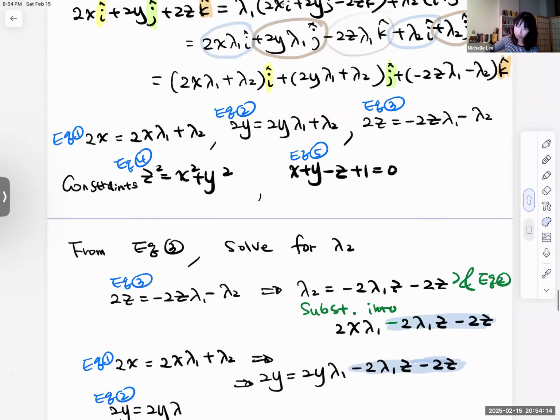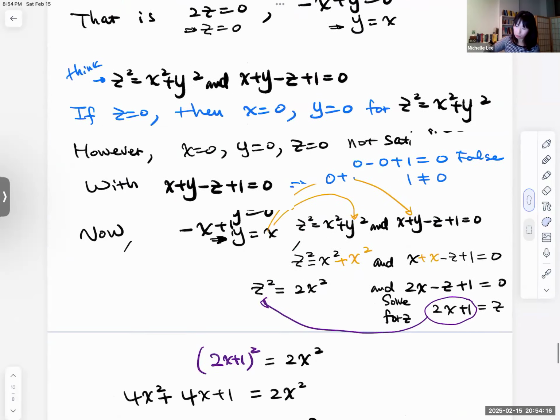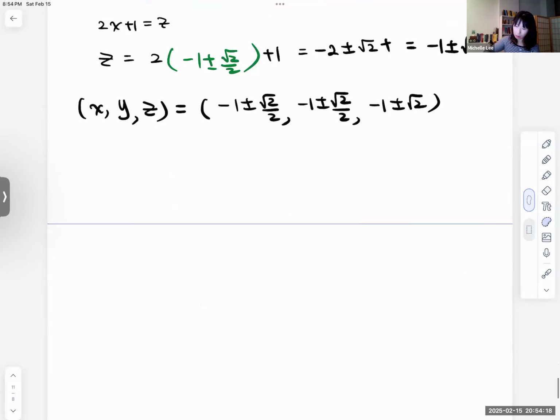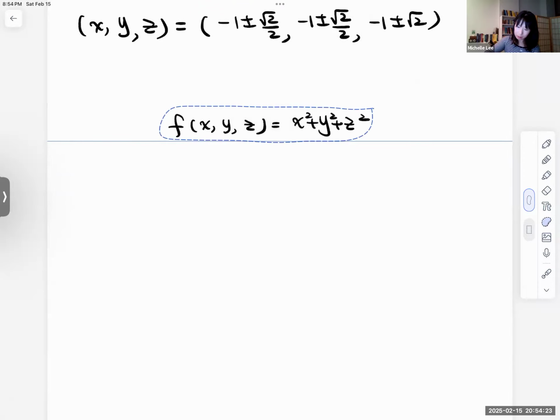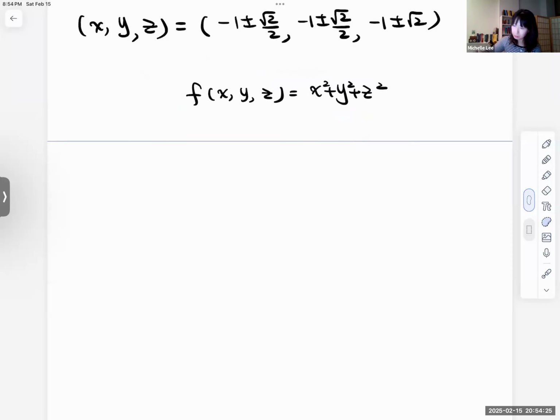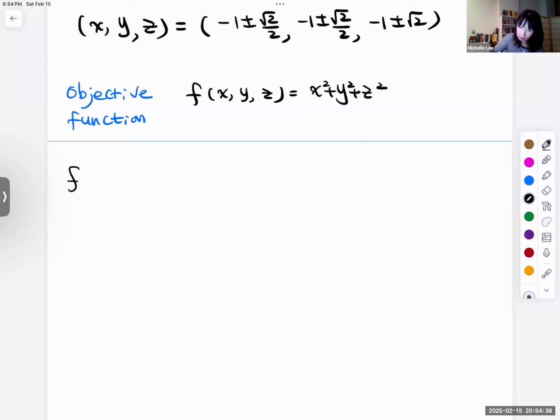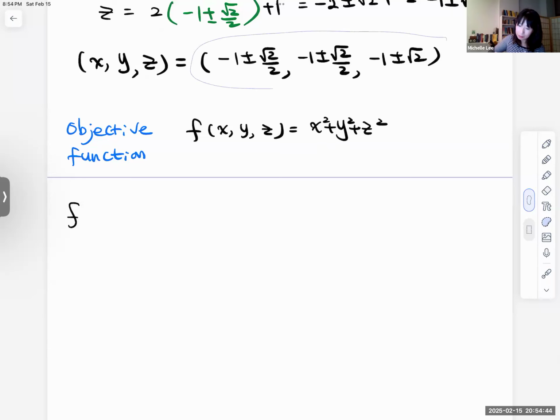How about here? Objective function. Almost done, this is the last one. Okay. All right, so we have f of, let me copy.